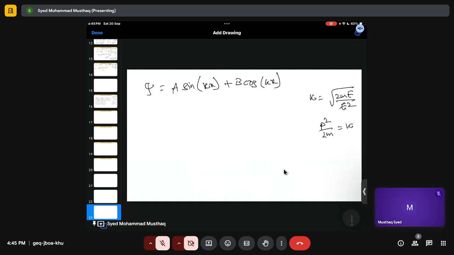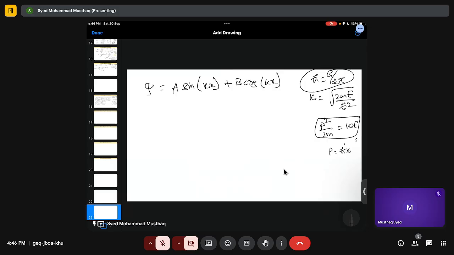It's kinetic energy, right? With p equals mv, p square by 2m gives you half mv square, which is kinetic energy. And you also know p equals h cut k, where h cut is nothing but h by 2 pi.